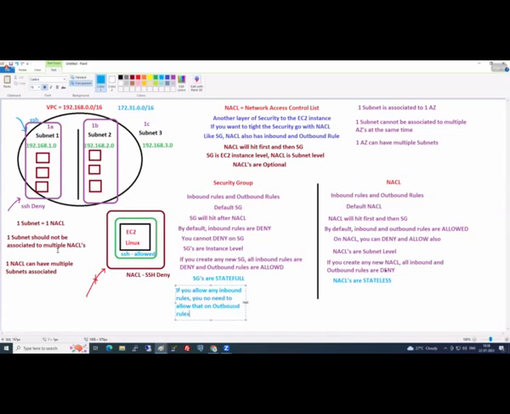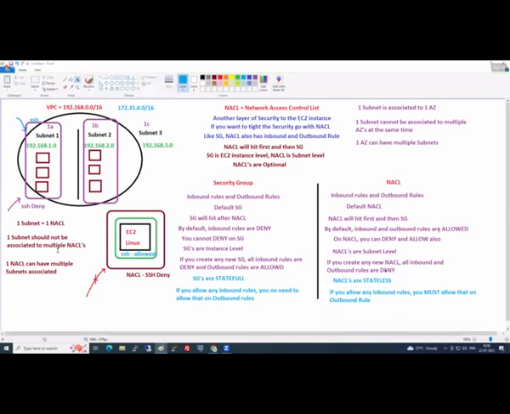That is stateful. But with a NACL, if you allow any inbound rule, you must allow that on the outbound rule as well. That is called stateless. Super. You got it now?